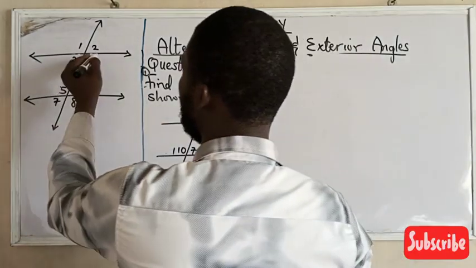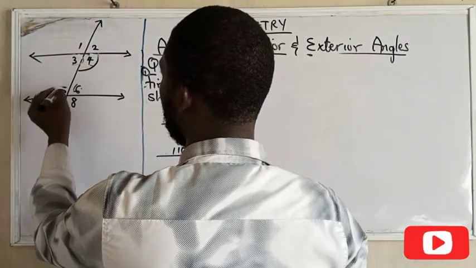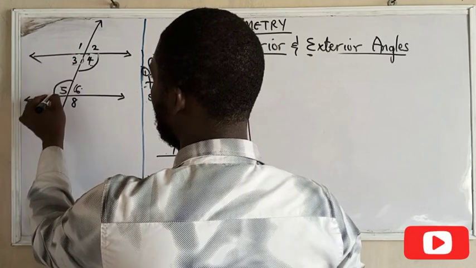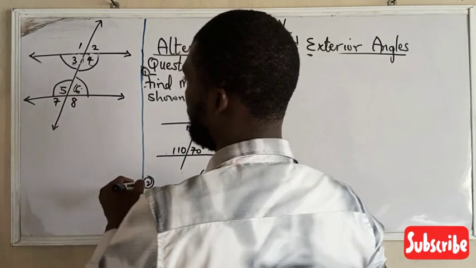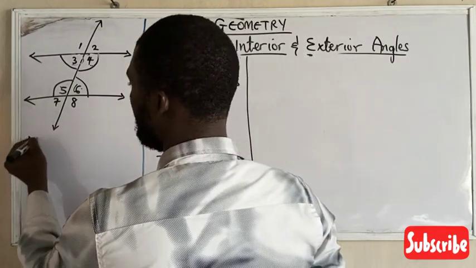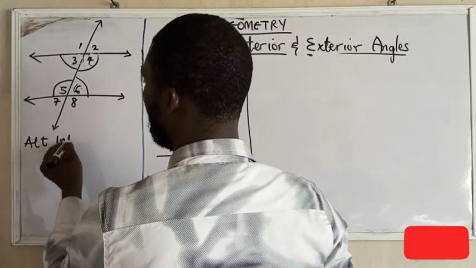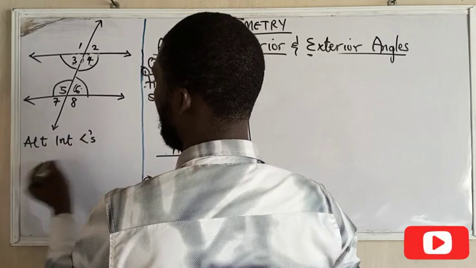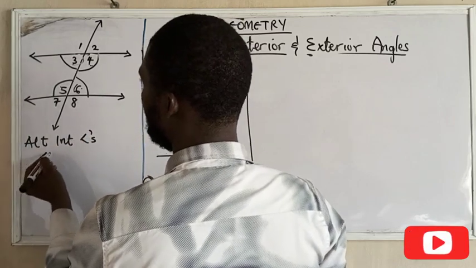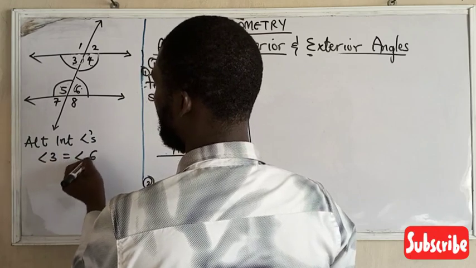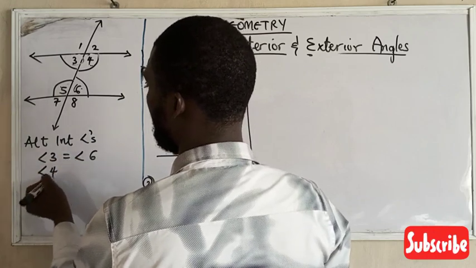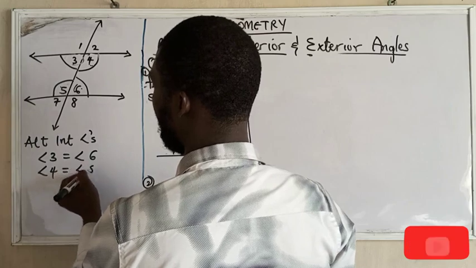So from the look of things, I would say angle 4 is alternate to angle 5, and angle 3 is alternate to angle 6. So my alternate interior angles are angle 3 equals angle 6, angle 4 equals angle 5.